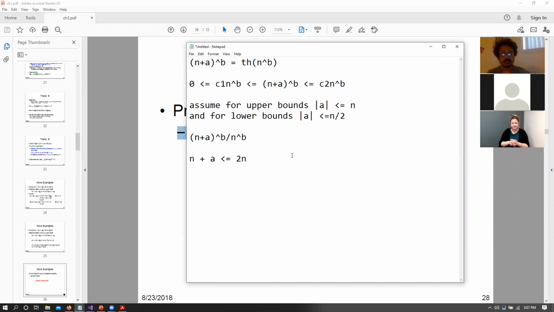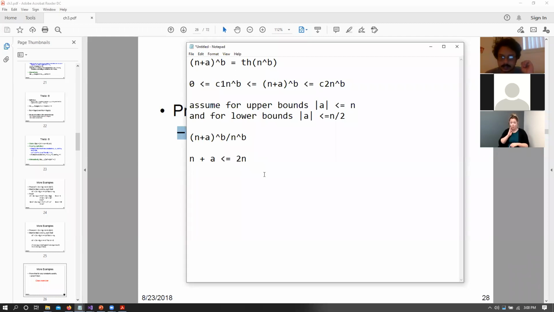Brian, so C1 equals 1 is fine, but C2 equals n is not fine, because remember these constants cannot depend on n at all. Right? Okay. So if we assume that A is going to be smaller than n, in that particular situation we can say that n plus A will grow less than or equal to 2n.